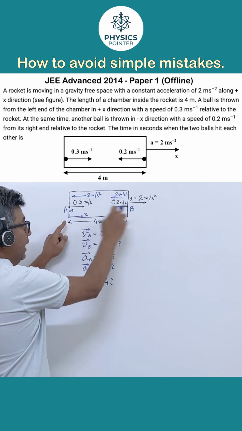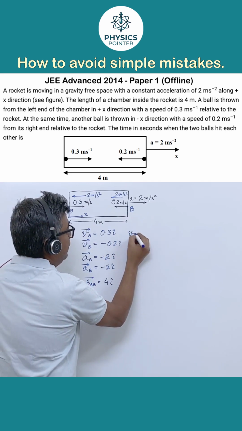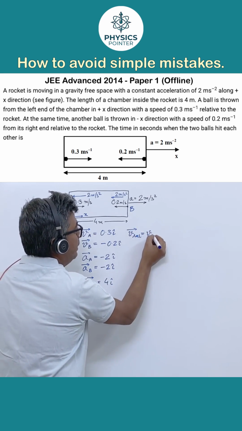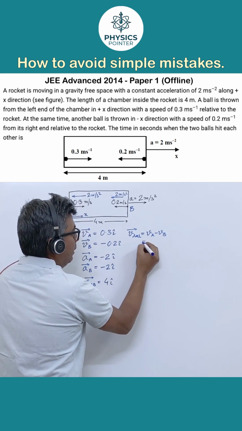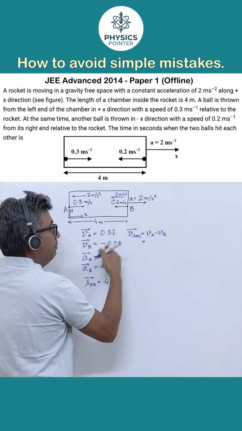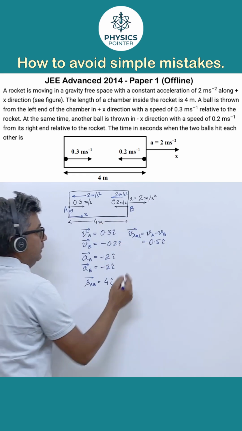If I go from A to B, then the relative velocity, VREL, needs to be from A to B. So it will be VA minus VB. And that will be equal to what? This is minus, this is plus, so it becomes plus. So it becomes 0.5i in the x direction.